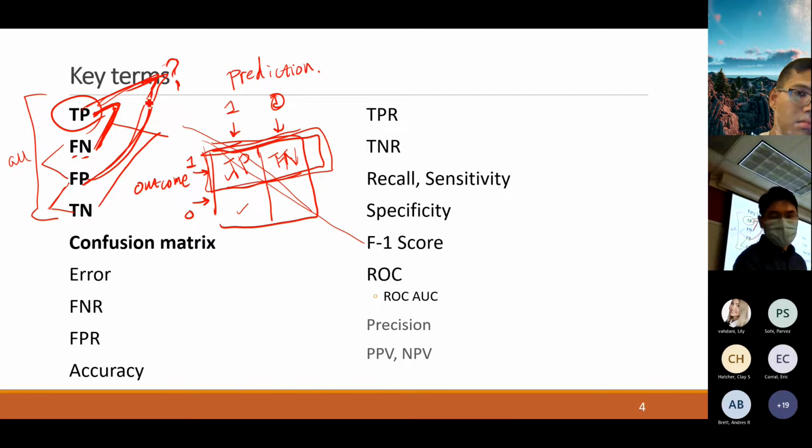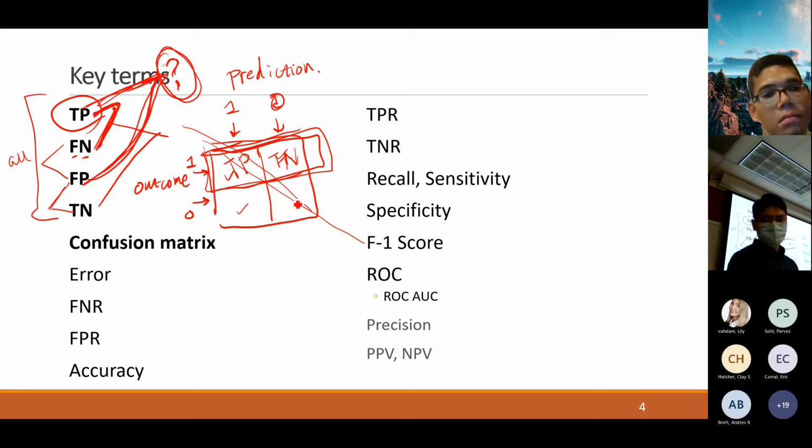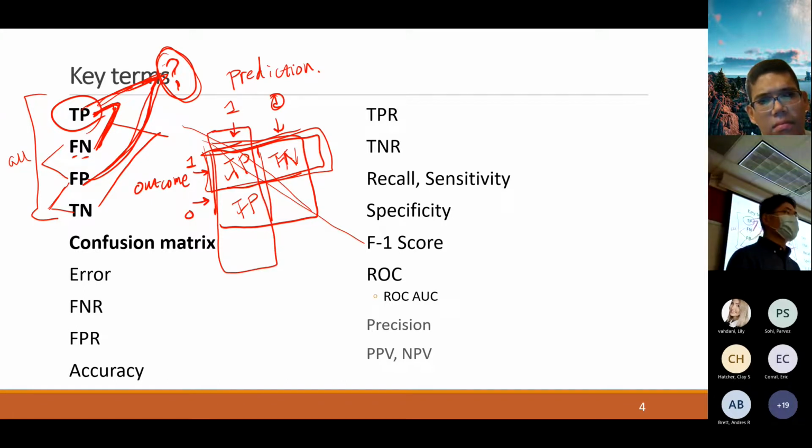The question I'm asking now is true positive and false positive. It's the first column. It's the total number of positive predictions that you make, because all the positive predictions, whether true or false, would be in the first column.